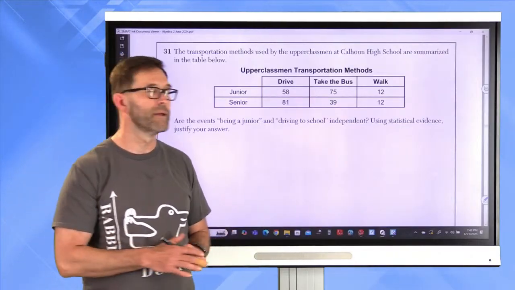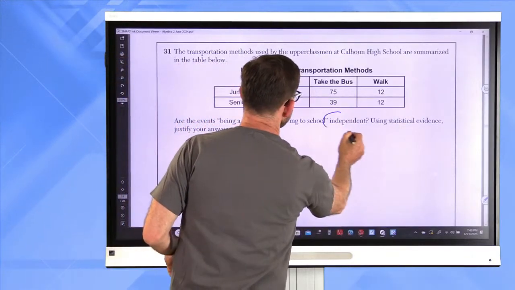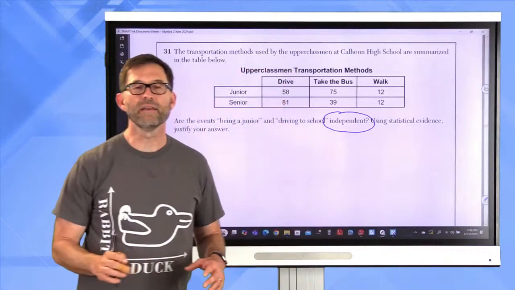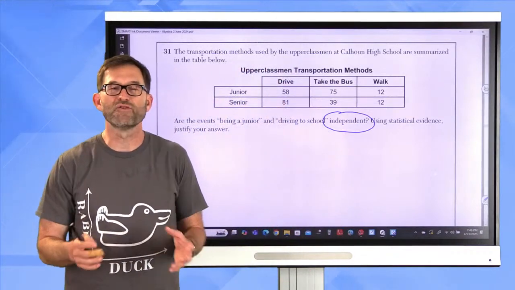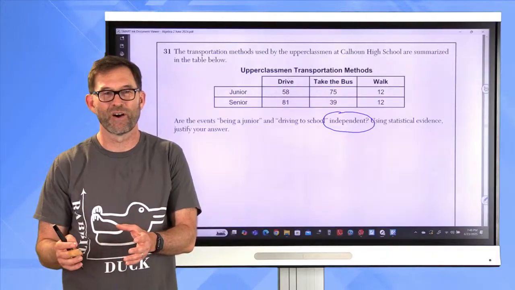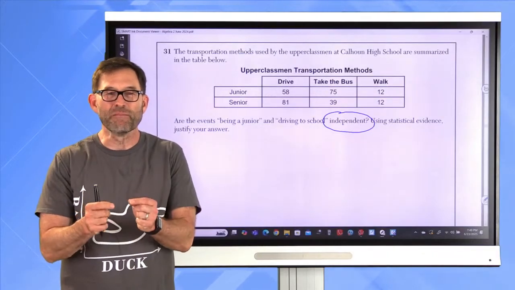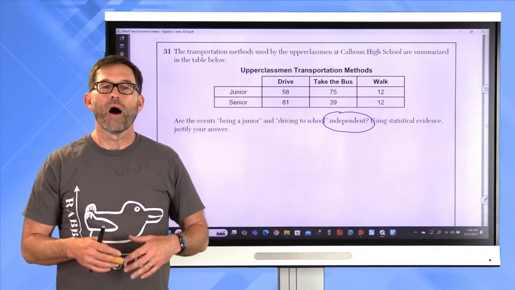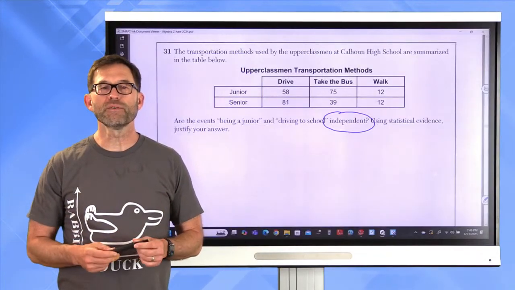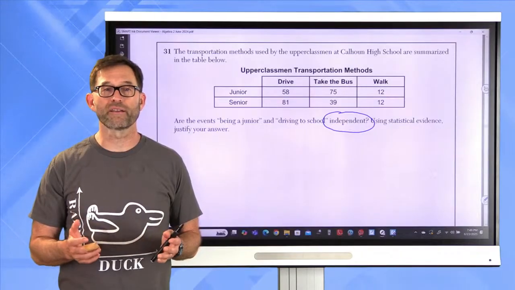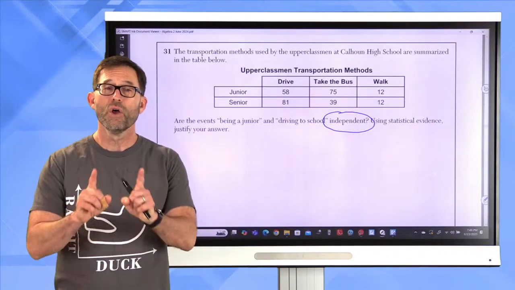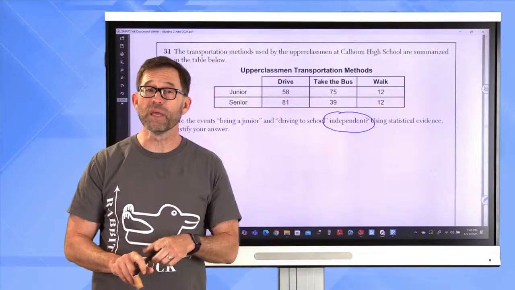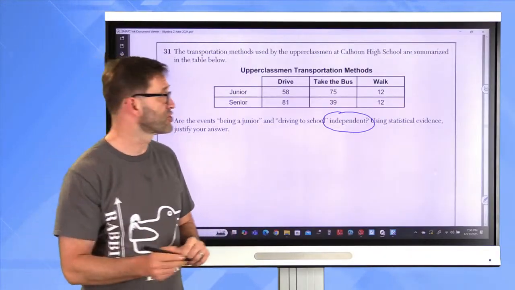Now, this idea of events being independent, again, there are multiple ways of checking for independence, all right? And again, it's tricky. So first thing I'm going to do is check using what's called the product test for independence. So two events, A and B, are independent if the following is true.